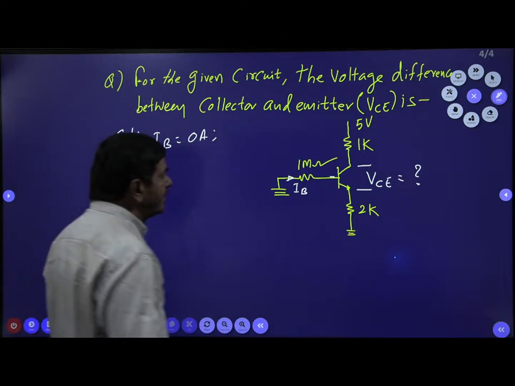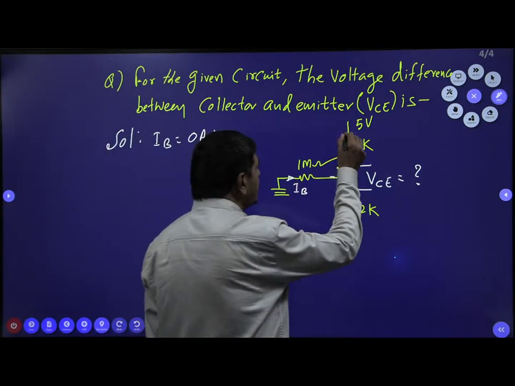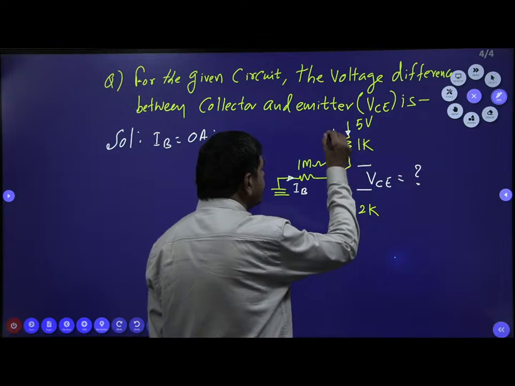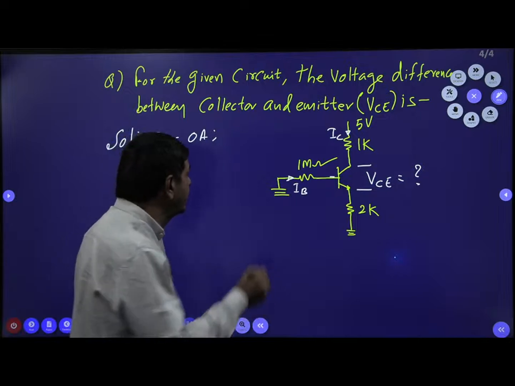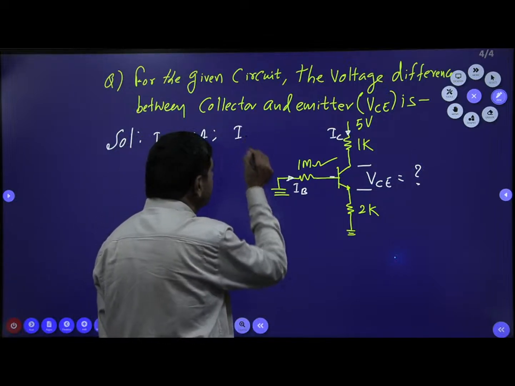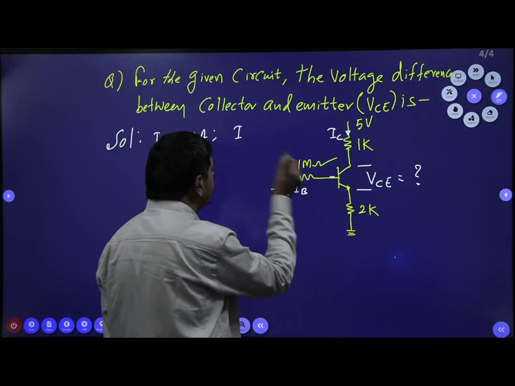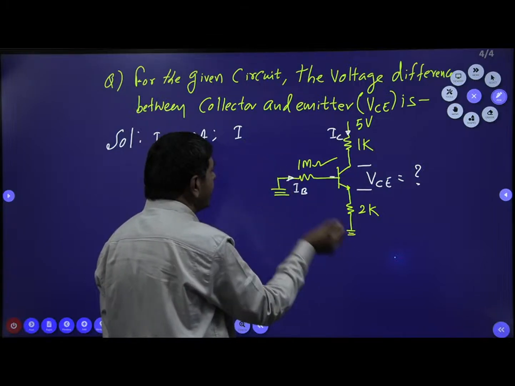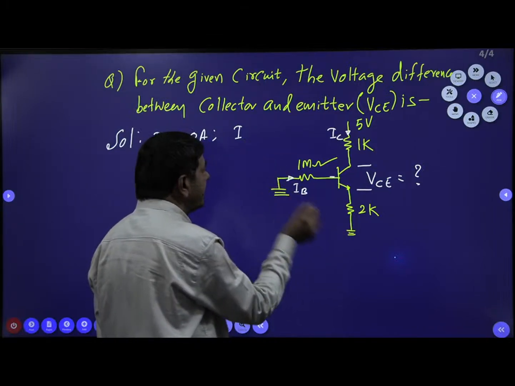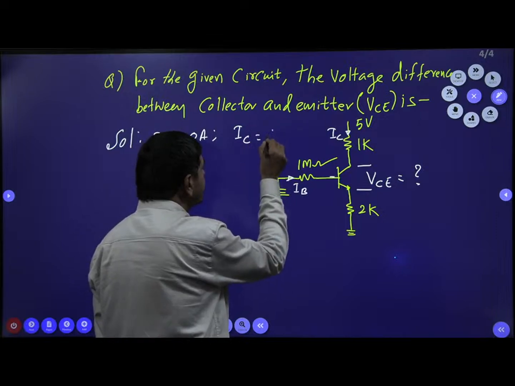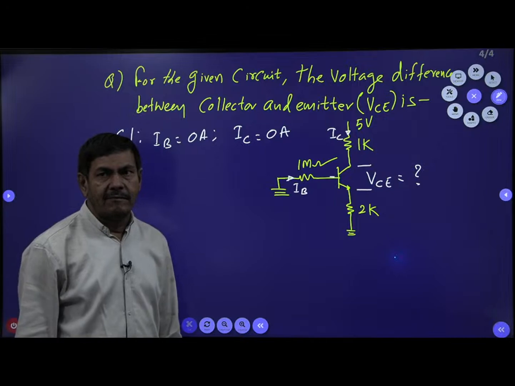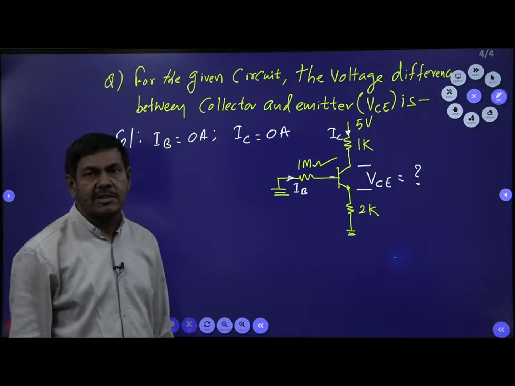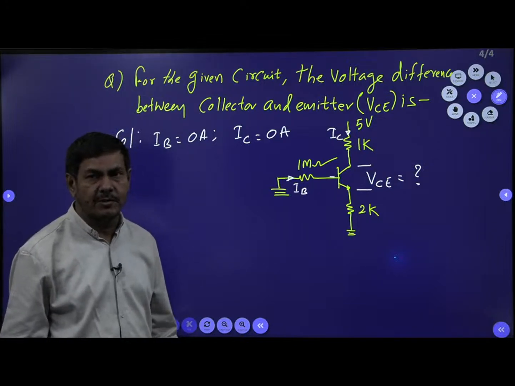We know very well, once the base current is 0, the collector current will be 0. We cannot find any current on this side. So collector current is 0 because the transistor is off, it doesn't work, because of the lack of biasing between the base and emitter. So IC becomes 0 amperes. When IB is 0 and IC is 0, IE also becomes 0, no doubts.